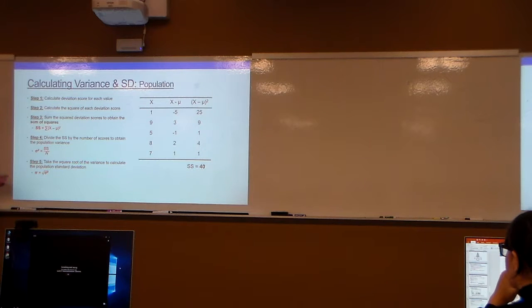Now what we have is functionally a measure of the average deviation from the mean. For this population, on average, how far do scores fall from the mean value? Okay, so this is why you'll hear anything that's using this stuff referred to as a means-based statistic, because the deviation from the mean is what we're talking about.